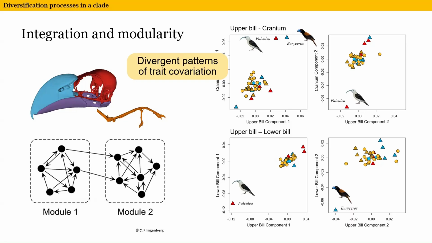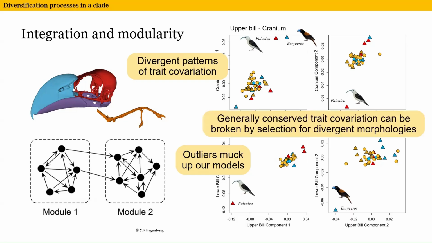And when I put all the pieces together, I think it wasn't really clear that there were any systemic differences in integration and modularity between the groups. There wasn't an overall shift where integration or modularity was promoting diversification in the group overall. Instead, it was an overall conserved pattern for the most part.